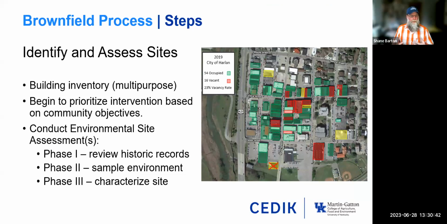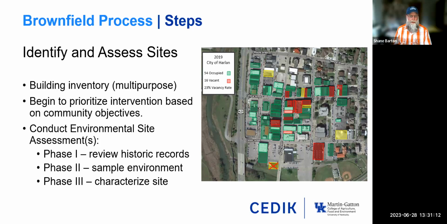The next step after we've started to engage communities really involves identifying and assessing the sites. Now, again, this can be a community engagement opportunity. And in fact, I want to draw attention to this 2019 map of Harlan in Eastern Kentucky. That really was a community engaged project where together a small group walked the downtown corridors of Harlan and began mapping vacant buildings.